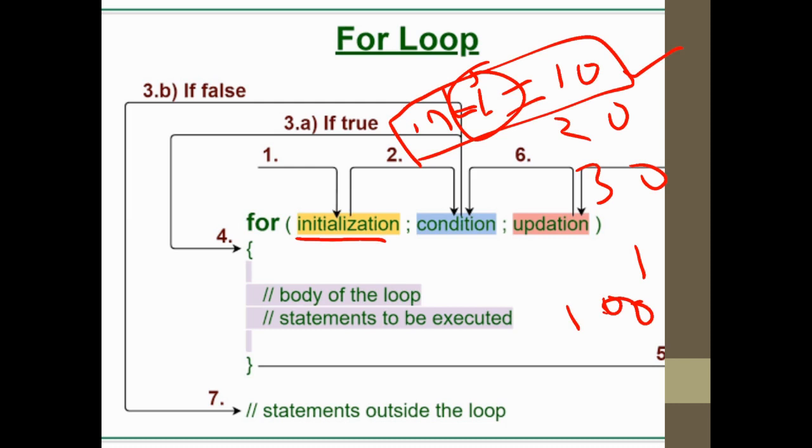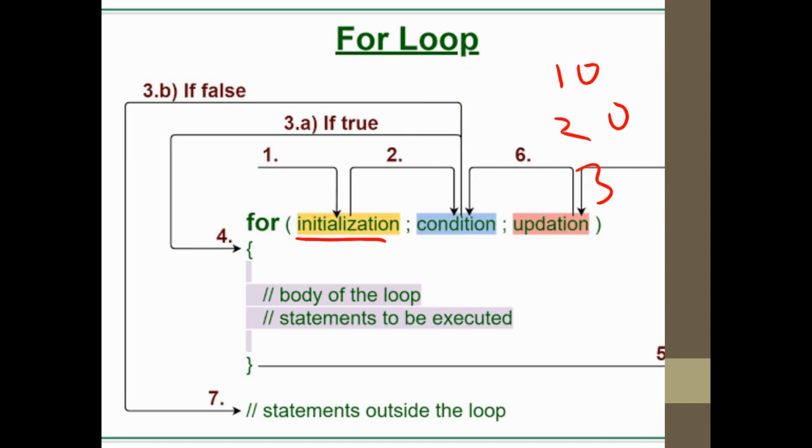But if you want to print your numbers from 100 to 1, in reverse order, 100, 99, 98 up to 1, then you will initialize your variable with the value 100, like i = 100. You will start from 100 and go down to 1.